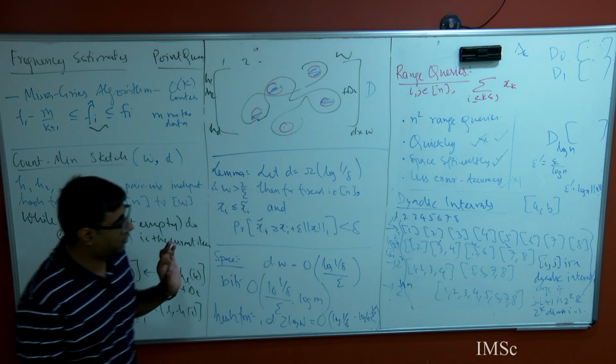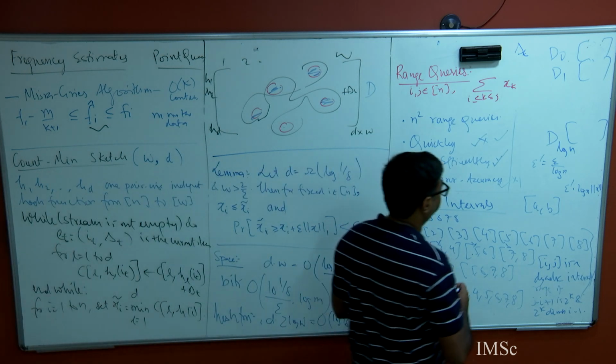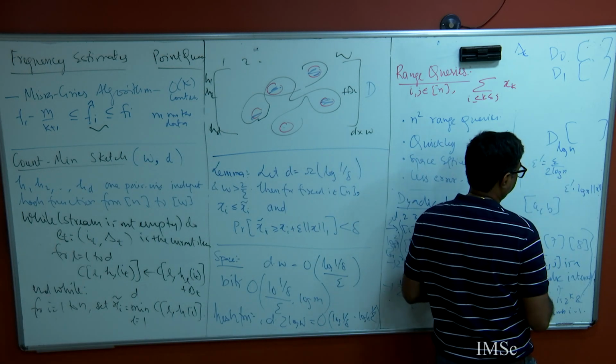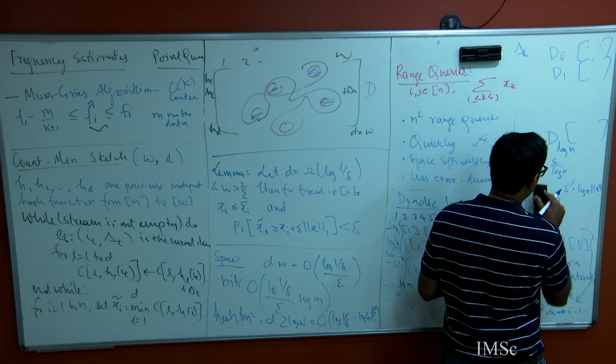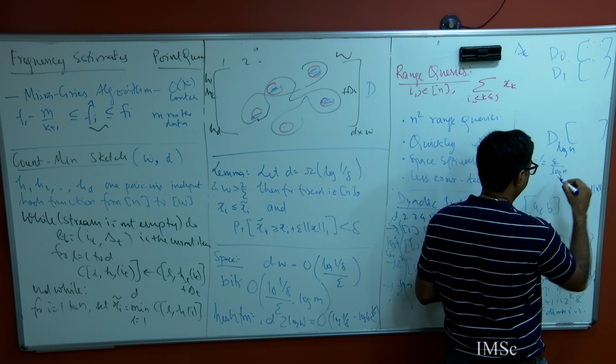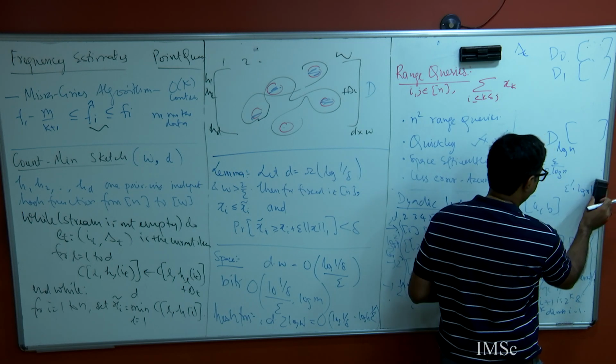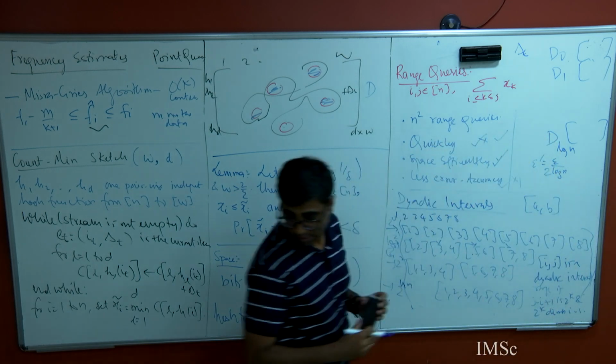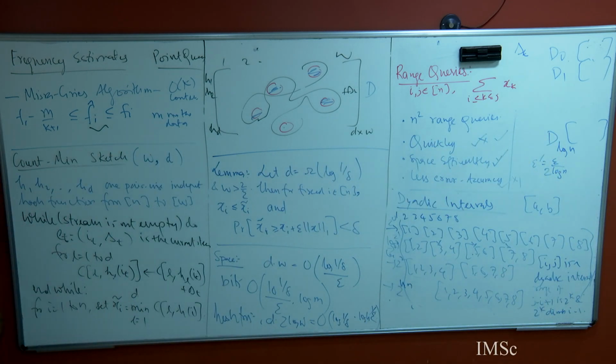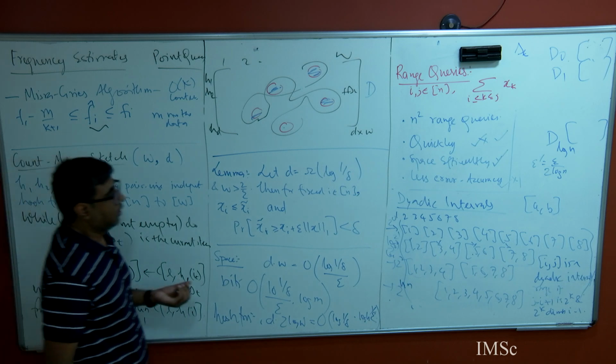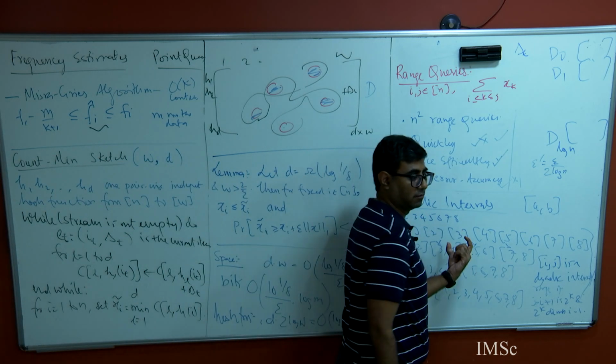So epsilon prime will be epsilon divided by 2 log n. This is the epsilon prime which you will apply, and so how much space will it take? But this is with respect to one particular interval.